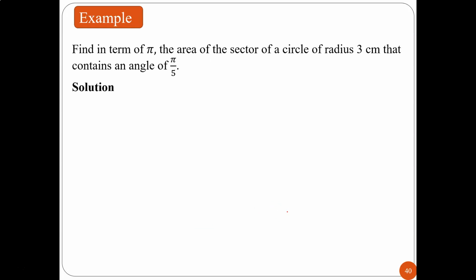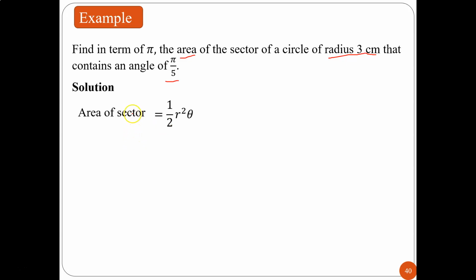Okay, let's see the example. Find in terms of pi the area of the sector of a circle of radius 3 centimeters that contains an angle of pi over 5. So let's use the equation area of sector equals half r squared theta.